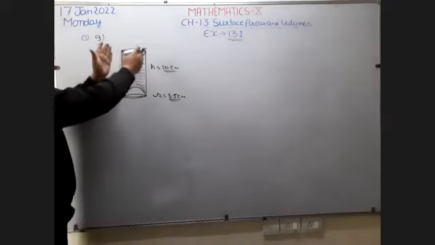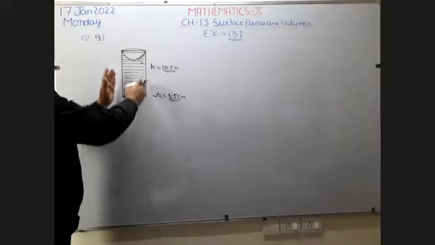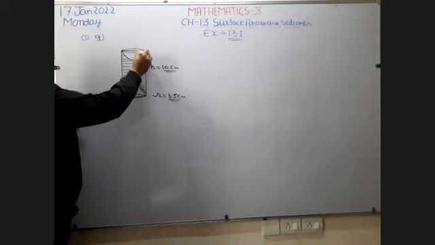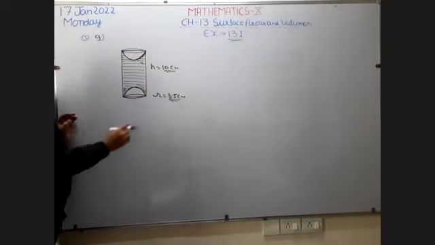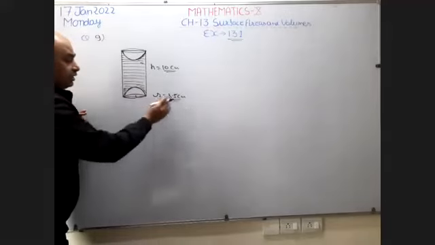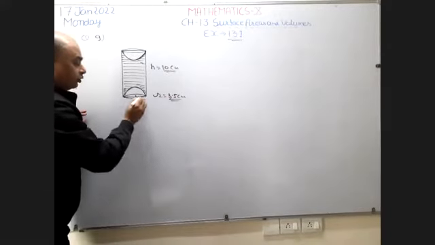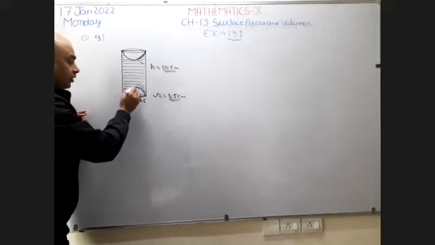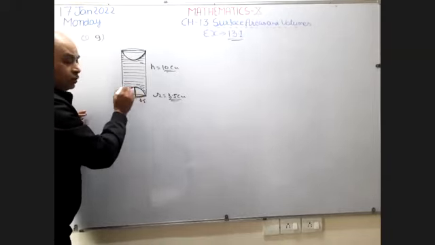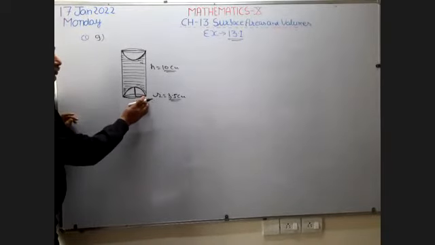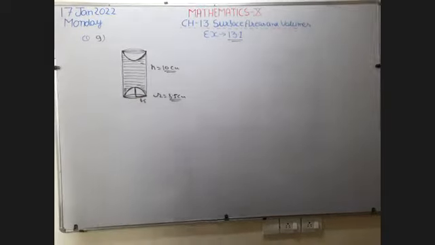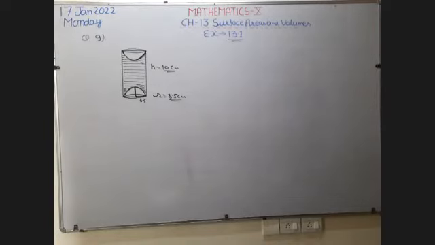So initially we have a cylinder. From this cylinder we want to take out these two hemispherical shapes from both the ends. So the radius of this hemisphere is given 3.5. If the radius is 3.5, what is the height of this hemisphere? Who will tell? Raise your hand, beta.